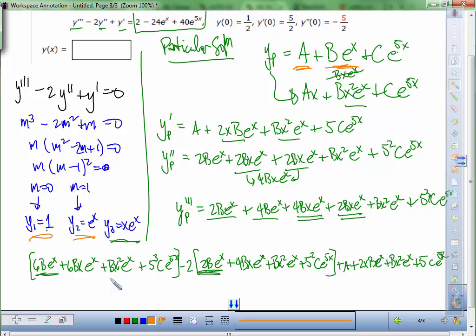I'm going to collect the bx squared e to the x. I got one of them here, I got -2 of them here, and I got one more here. You see how that disappeared? So let's cross those out.